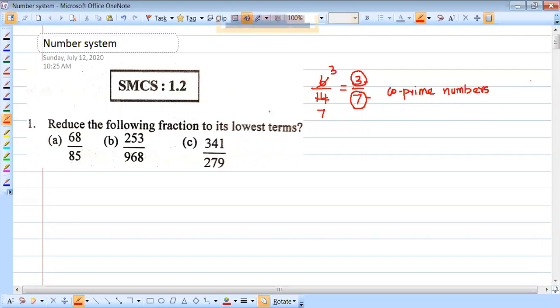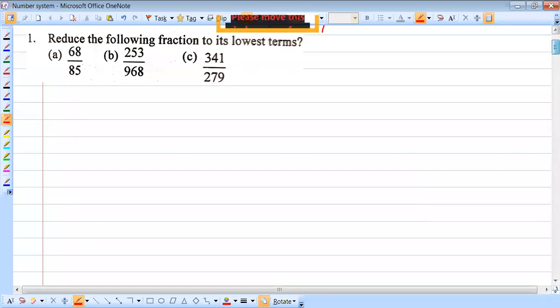Okay. So you have to start to answer the questions right now. Let me solve the first question alone, and the remaining questions you people can do in a simple way. Question number 1A. 68 divided by 85.